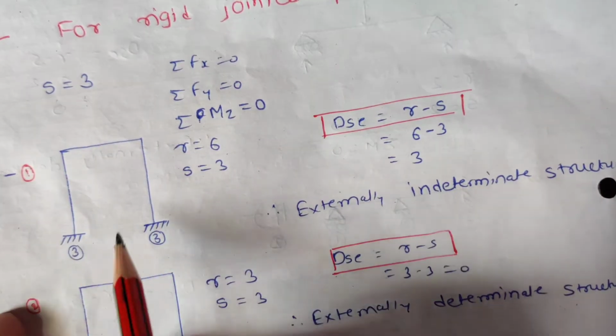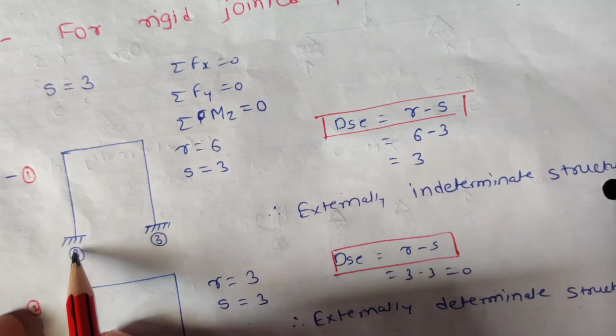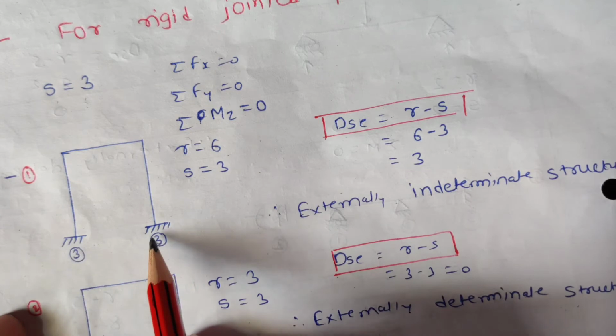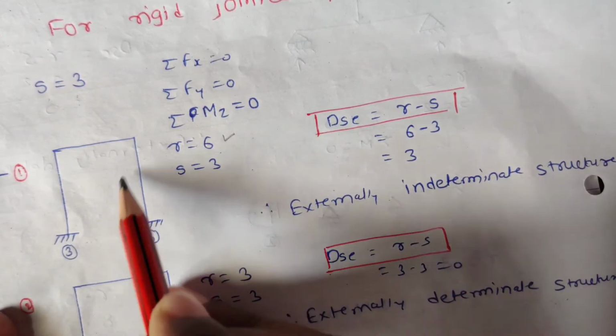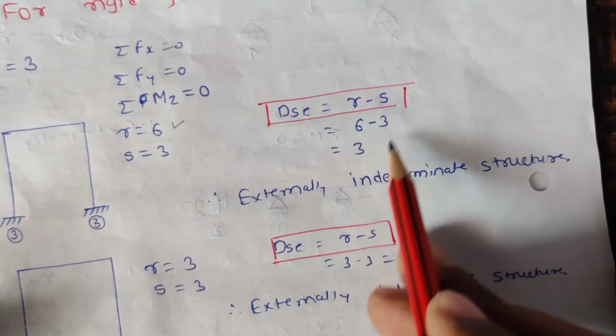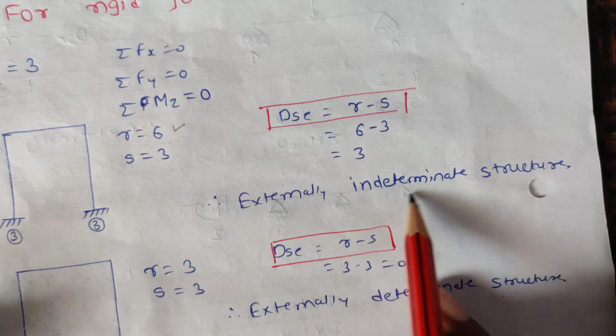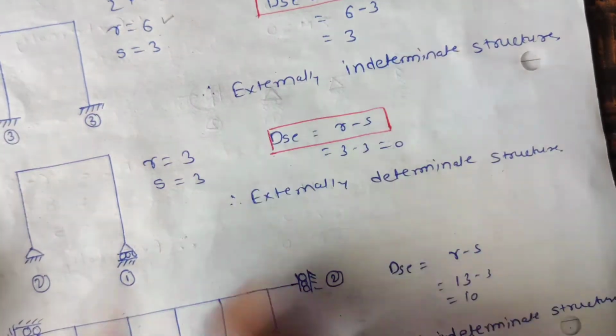Consider one example. Fixed support has 3 reactions, then R is equal to 6: 3 plus 3 is 6, and S is equal to 3. R minus S is 6 minus 3 is equal to 3. Hence it is an externally indeterminate structure for a rigid joint.